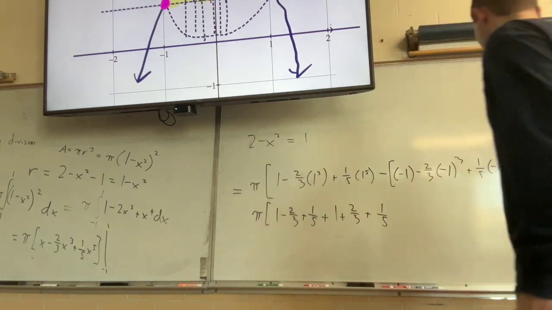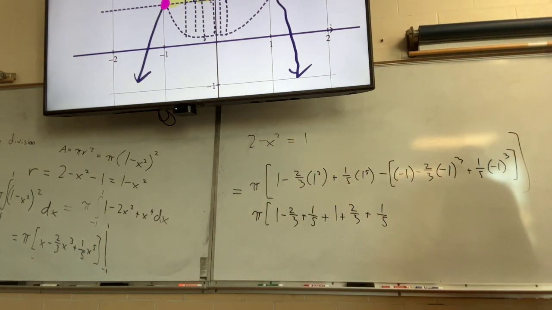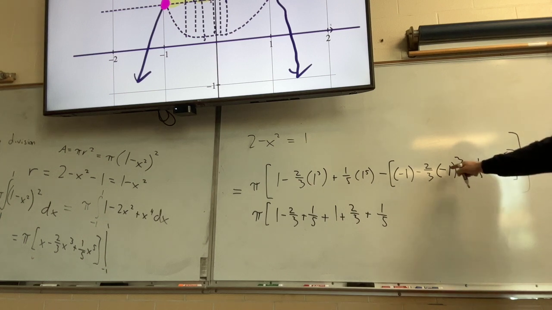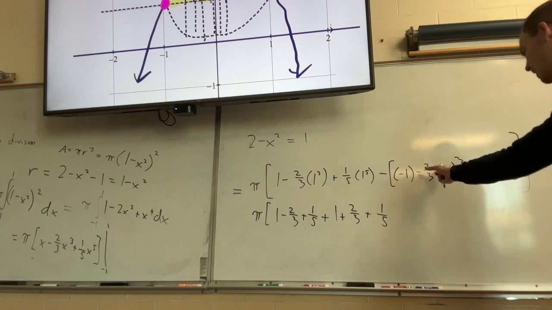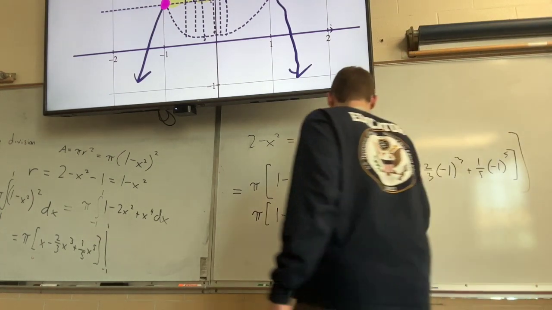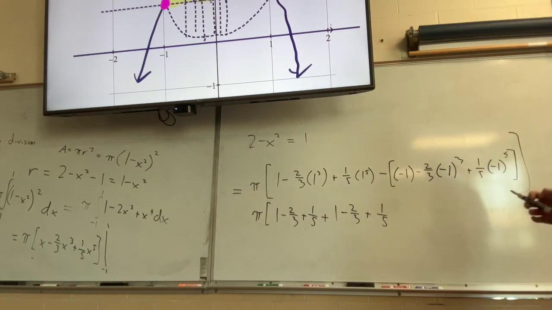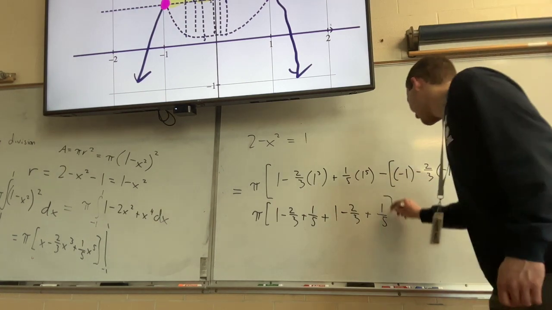Wait, sorry, shouldn't the second 2/3 also be a minus? This would be a minus 1, which makes it a plus 2/3, which makes it a minus 2/3. There we go, that's an even function. Let's just leave it like that.